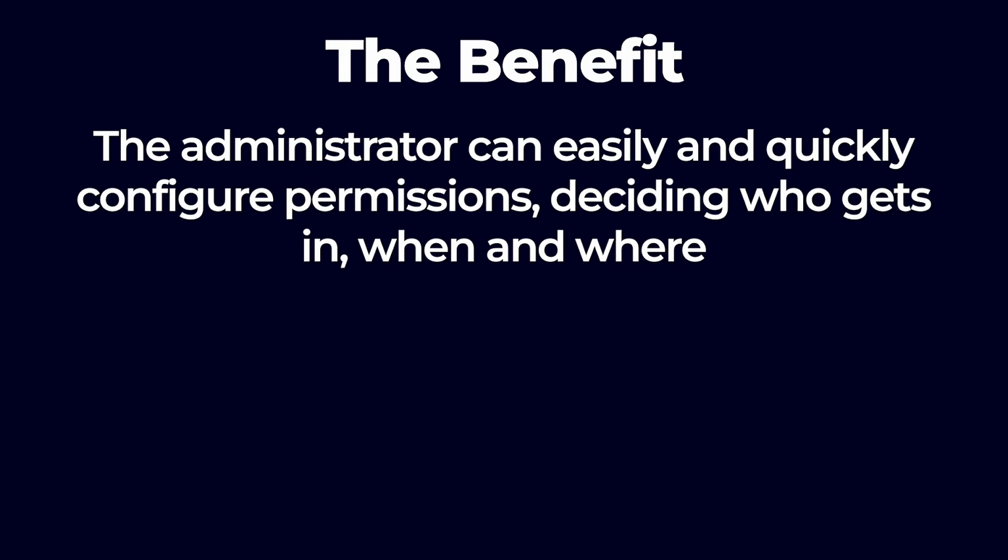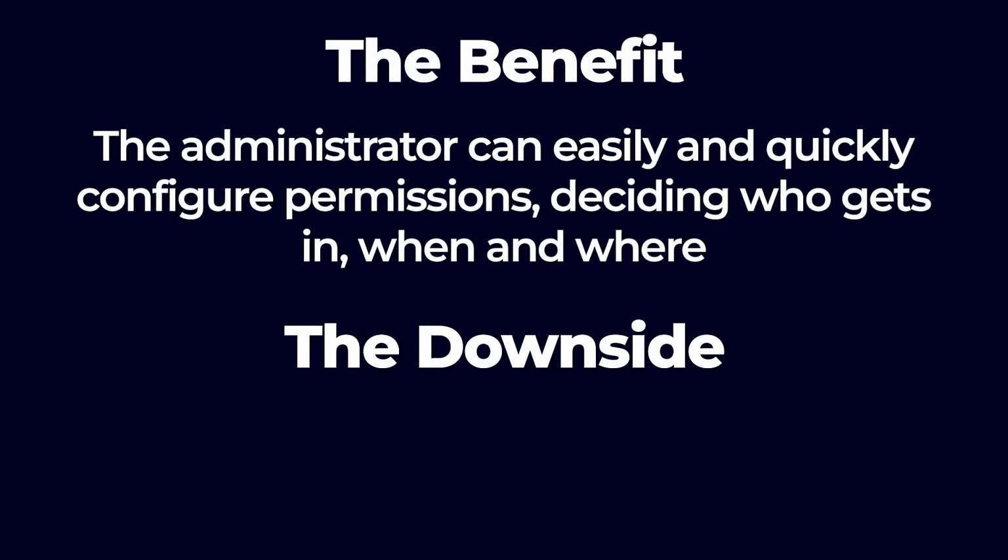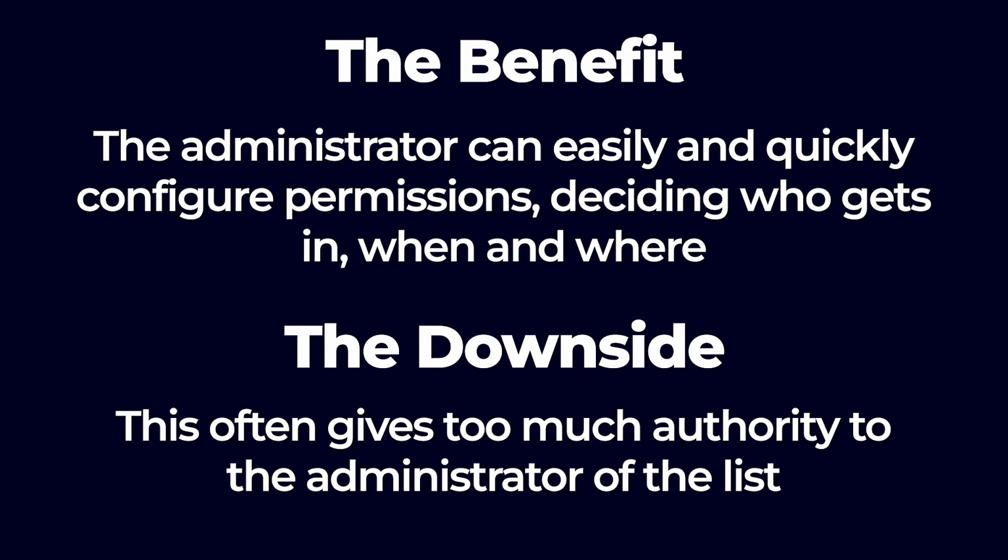One main benefit of discretionary access control is that the administrator can easily and quickly configure permissions, deciding who gets in, when, and where. A downside, however, is that this often gives too much authority to the administrator of the list. There is a potential for them to pass access onto inappropriate users.